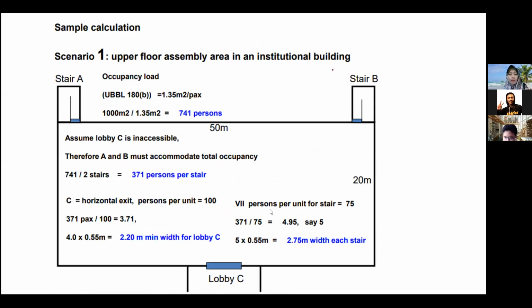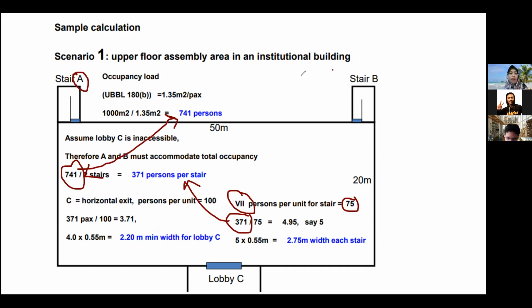Okay, come back to here. So here, when you are referring, this is Part 7. This is according to schedule. If this one is about Schedule 6 or a schedule related to residential, you read the schedule and you can say this is 75 or whatever the number is. Then 371, remember you get this one from here, and the number here, 741 divided by 2 staircases.